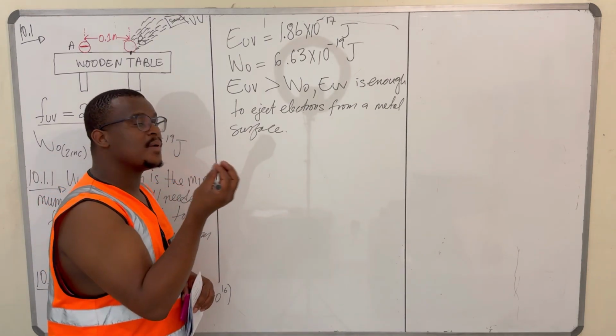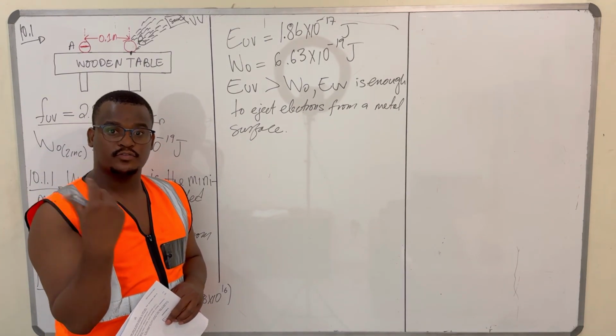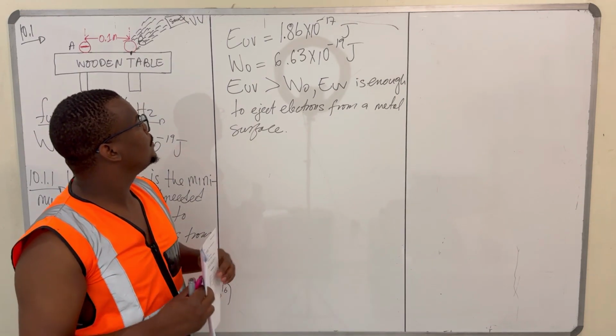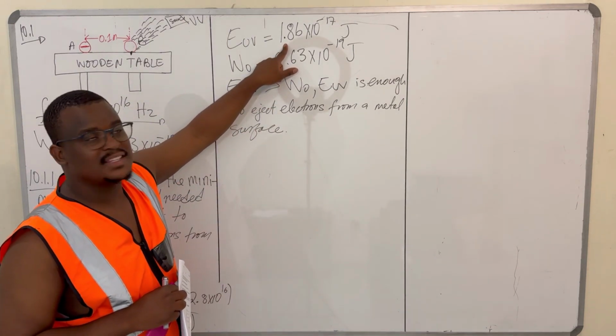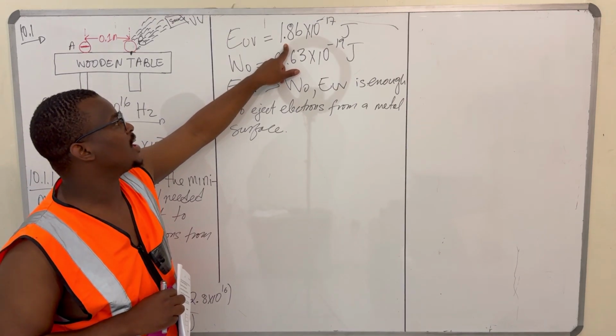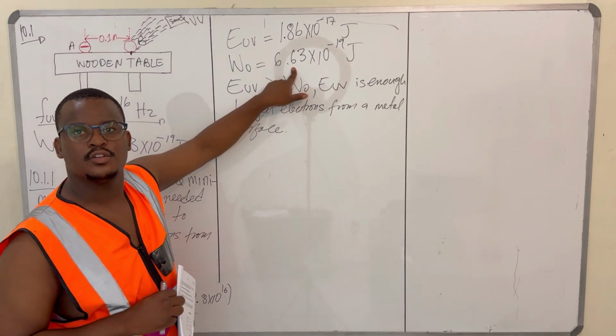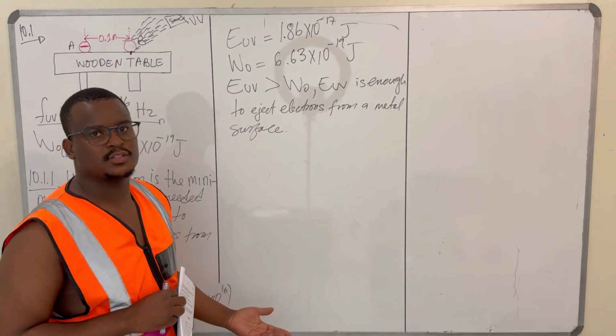So it's that minimum energy that you need to liberate electrons from a metal surface. So now your incident light, which is ultraviolet light, has more than enough energy to free electrons from a metal surface.